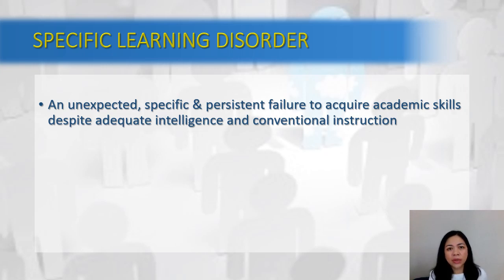So when we say general difficulty, in all areas, whether practical, academic, or other areas of development, the child really has difficulty. But in this case, for a specific learning disorder, there are only specific areas of difficulty, most commonly just reading, spelling, or math, or other academic areas.